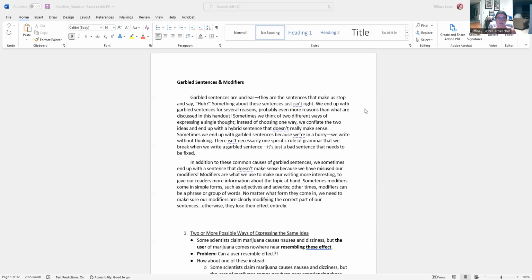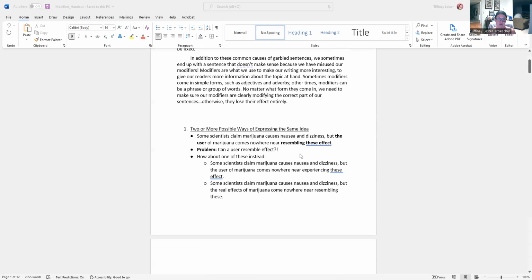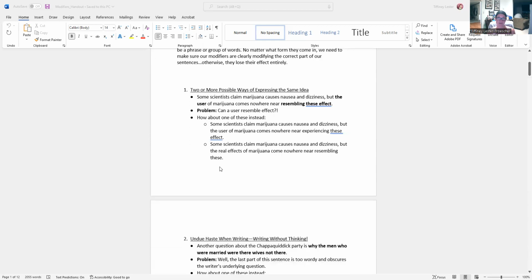All right. So as I was saying about garbled sentences, sometimes we end up with these confusing sentences because there are so many ways to express one idea, and we are thinking of those ways as we're writing.